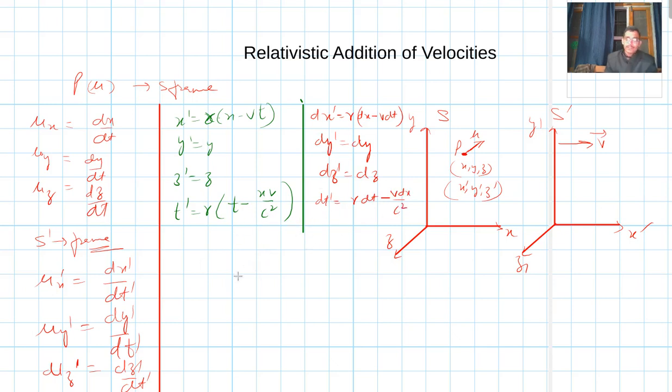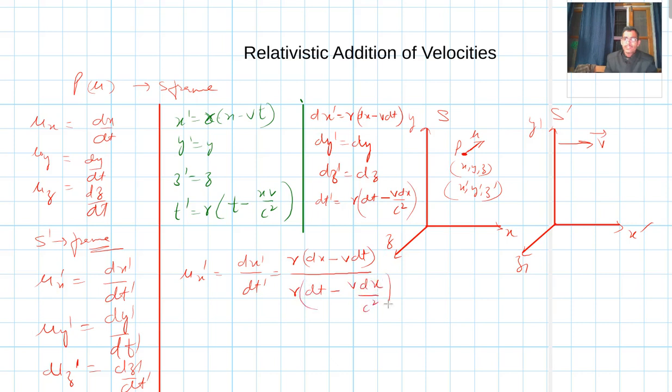Now I can write ux prime is equal to dx prime over dt prime, and let me put their values. So it is gamma times dx minus v dt, and whole upon gamma times dt minus v dx over c square.